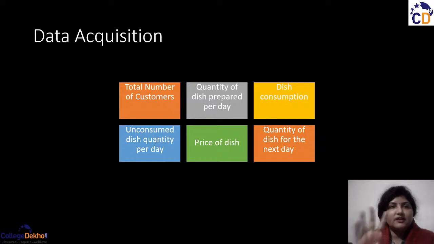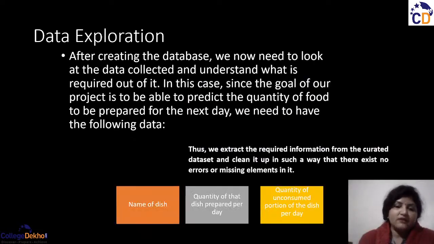You have identified there are 6 factors. Now from these 6 factors we need to select only those factors which are directly influencing your problem. So the 3 factors identified are the name of the dish, the quantity of that dish prepared per day, and the quantity of unconsumed portion of the dish per day, right?